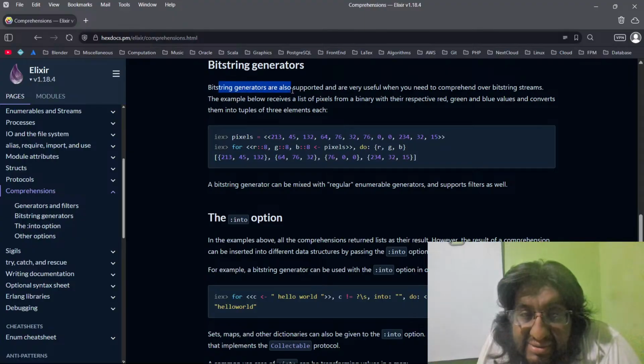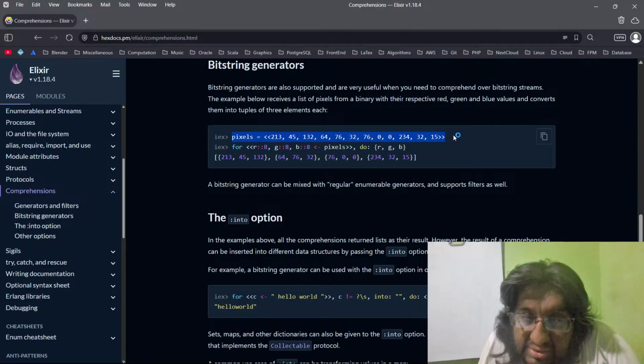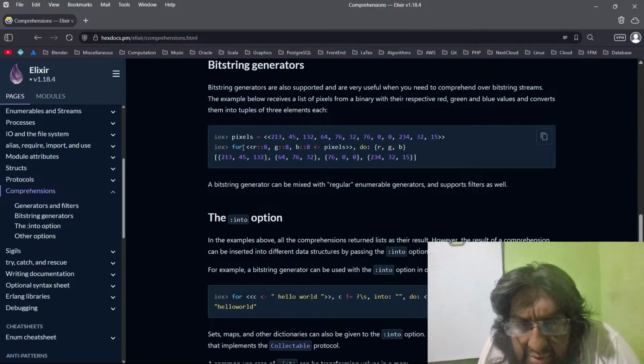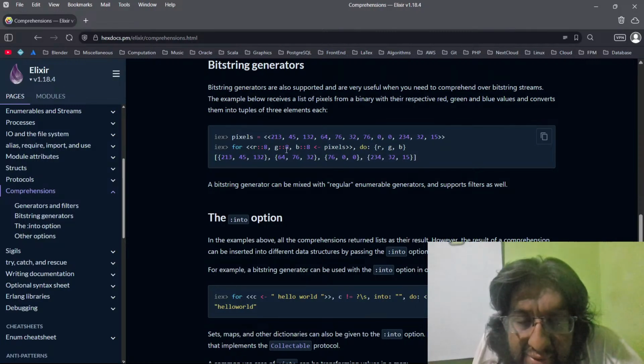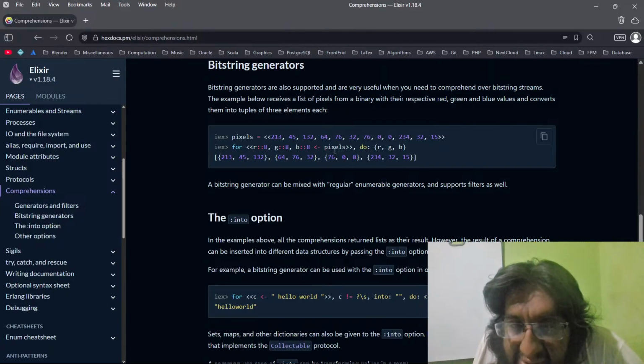Bit string generators are also supported. You have your pixels and you have your generator. In here, I'm wondering if they are doing some sort of pattern matching.